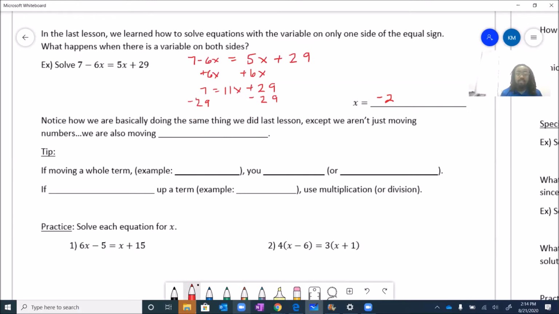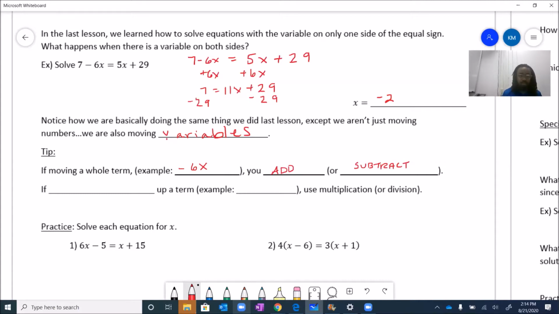Notice how we're basically doing the same thing we did in the last lesson, except we aren't just moving the numbers, we're also moving variables. So here's the thing that you need to make sure that you remember. If you're moving a whole term, so for instance, we're moving negative 6x, you see how we did that? You add or subtract, depending on the sign in front of it.